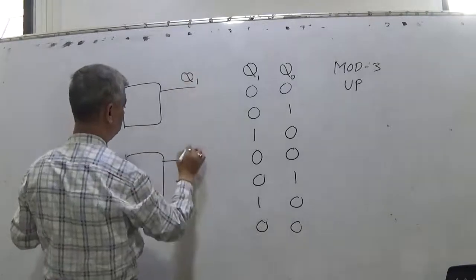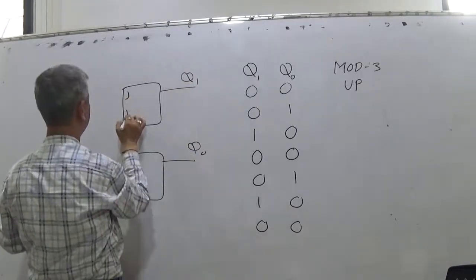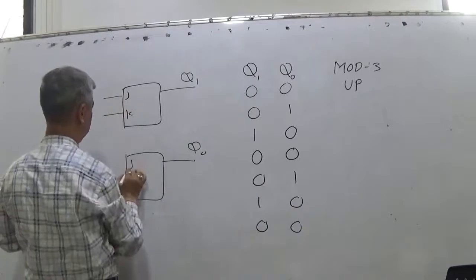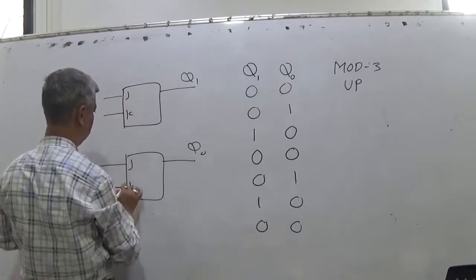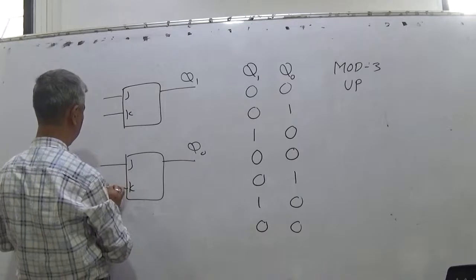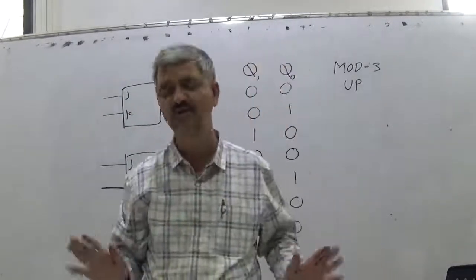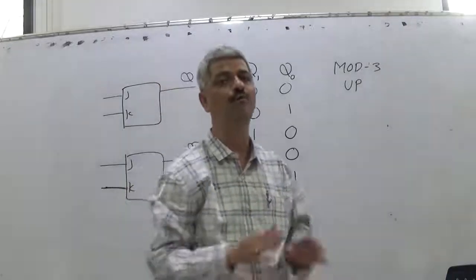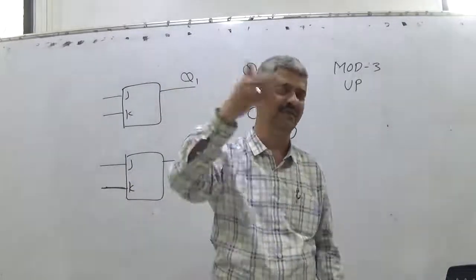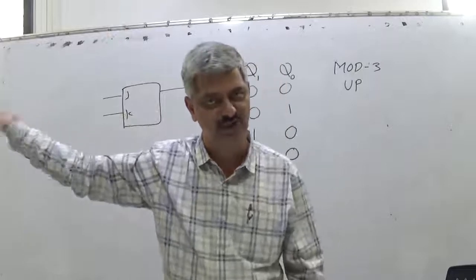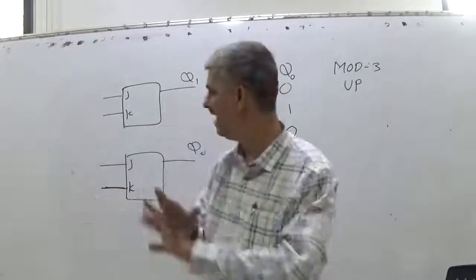Q1, Q0, J, K, J, K. Now, clock and reset of all are made common. Being a synchronous counter, clock and reset of all are made common and available outside as the clock for the counter and reset for the counter, so I don't show them.